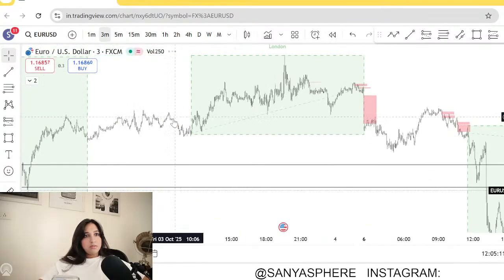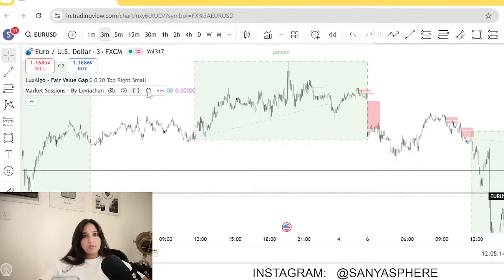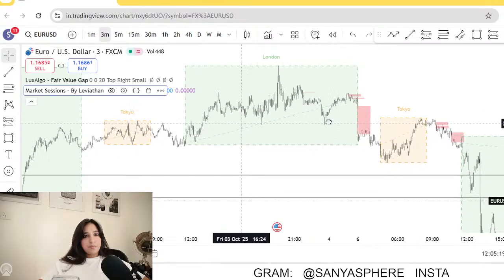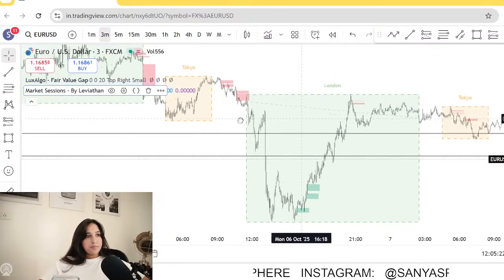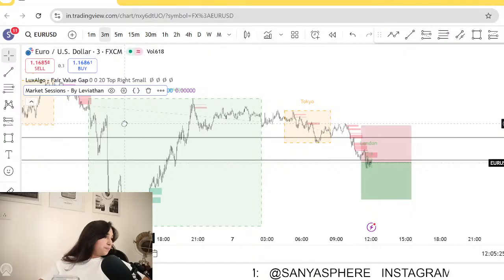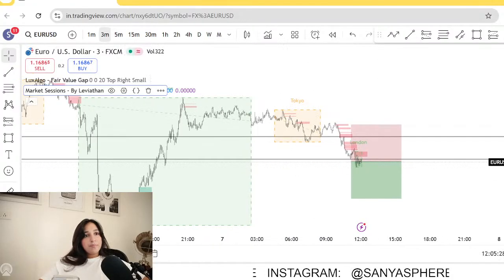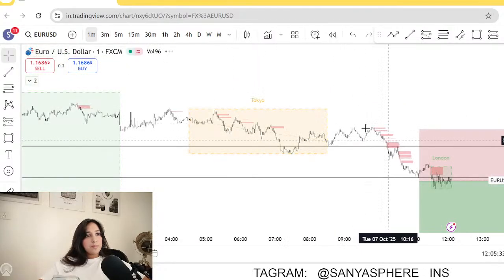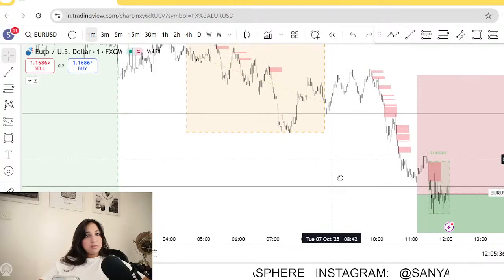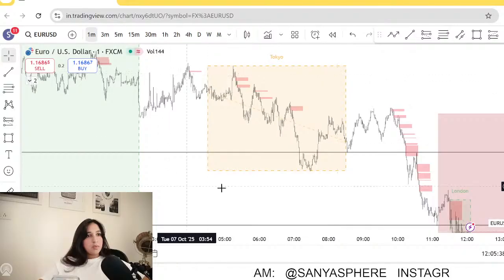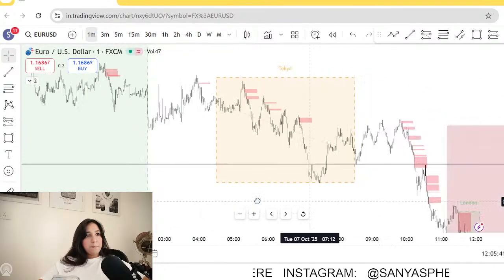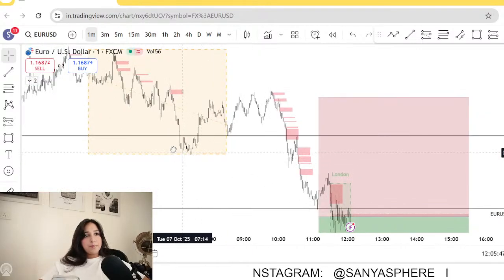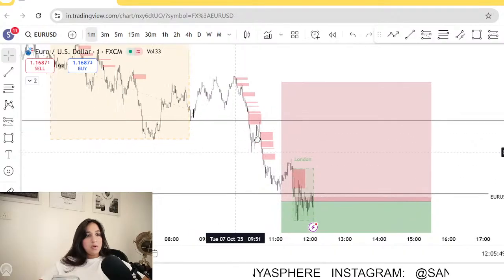The London kill zone. Wait, I didn't mark it. Okay, so this is the Asian range right over here, the kill zone, and the lows have been taken out of it.